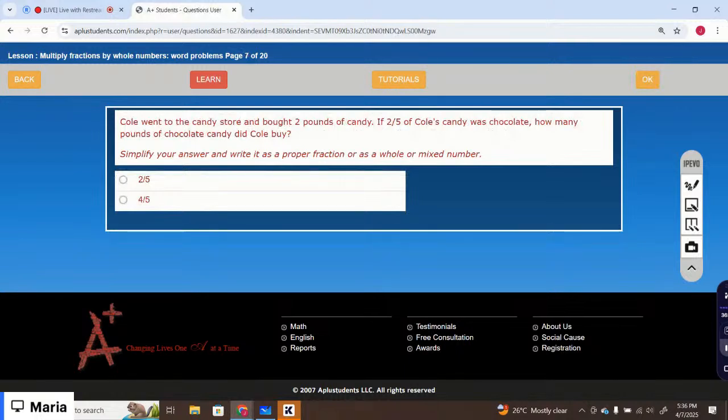Paul went to the candy store and bought 2 pounds of candy. If two-fifths of Paul's candy was chocolate, how many pounds of chocolate candy did Paul buy? So, which is the correct option?